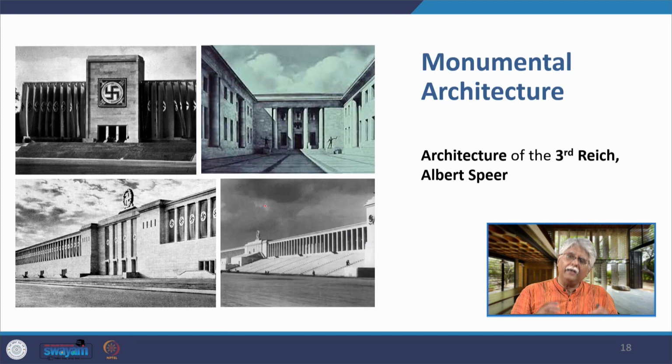Now, this idea of classical architecture and monumental scale carried on because the plan of Adolf Hitler was to completely lay out the 1000-year rule of the German Empire, like the Roman Empire, and the buildings that were built by the Nazis also had monumental scale. For example, you can see here, these are the humans, and this is the scale of this stadium that was built.